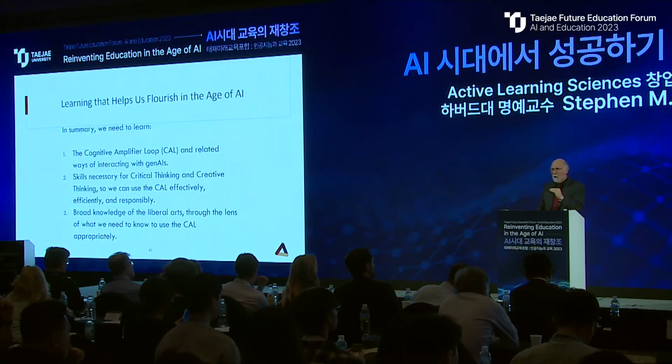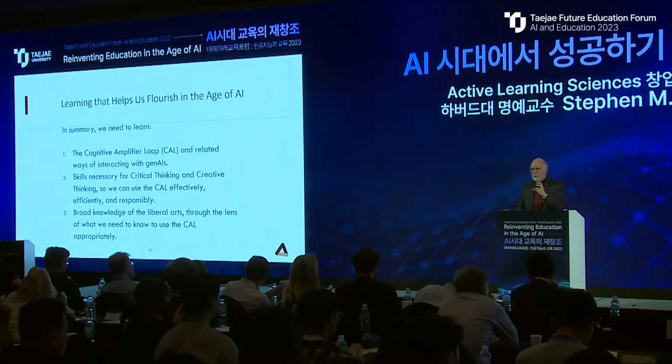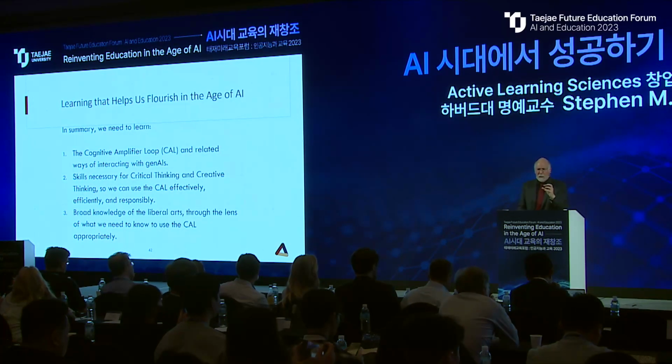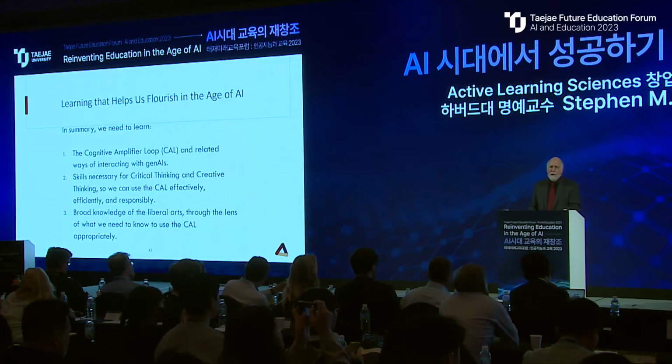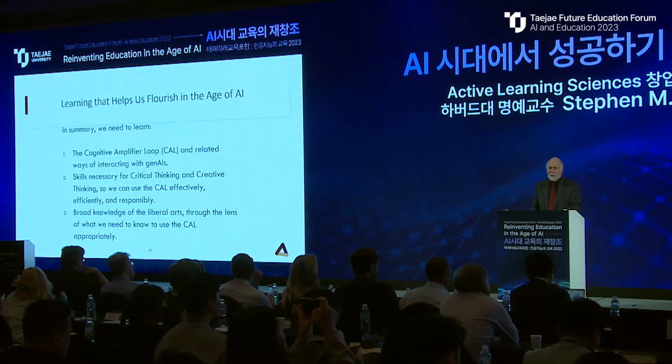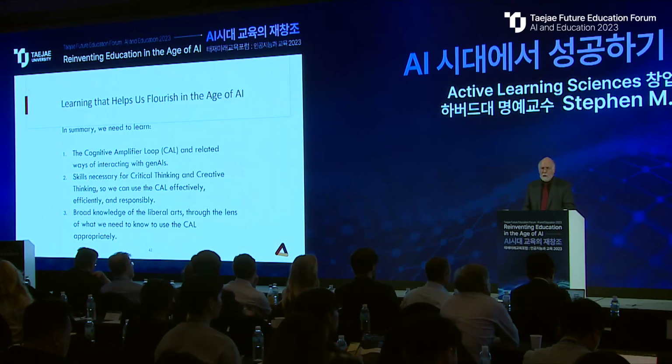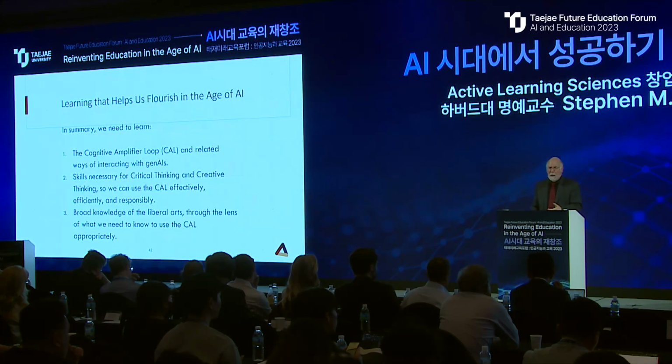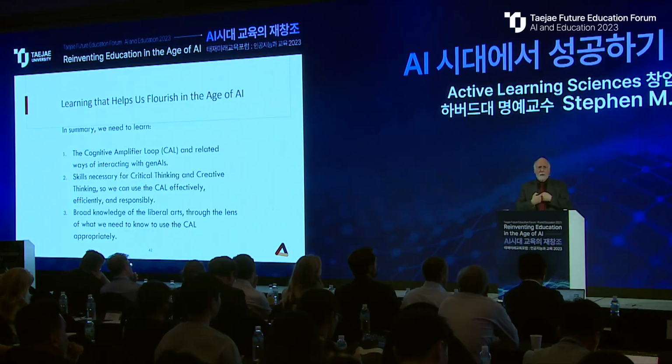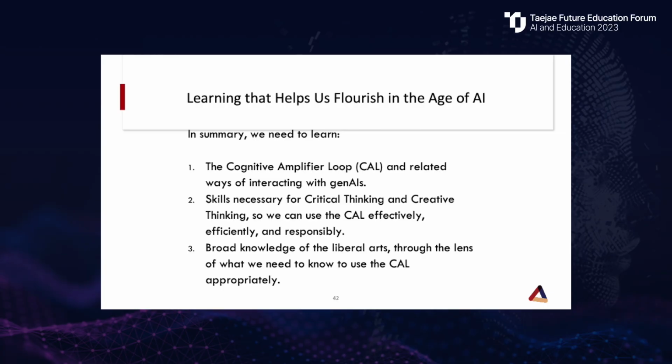Breaking them down into components, realizing different combinations of components are important in different phases of the CAL. And finally, broad knowledge of the liberal arts through the lens of what we need to know to use the CAL appropriately so it actually helps us and it helps the species, humans, to flourish in the age of AI. That's it. Thank you very much.